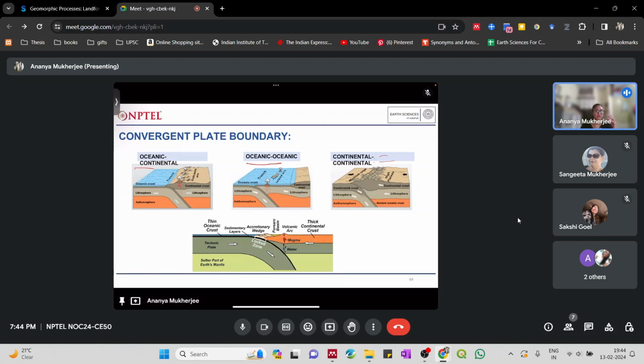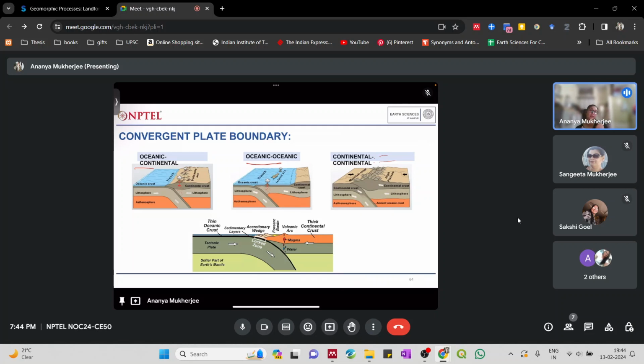When there is a collision between an oceanic plate and an oceanic plate, one of the most important features formed is a trench. It may be a very deep trench or a shallow trench, depending on the material there or the velocity with which each of the plates is moving.